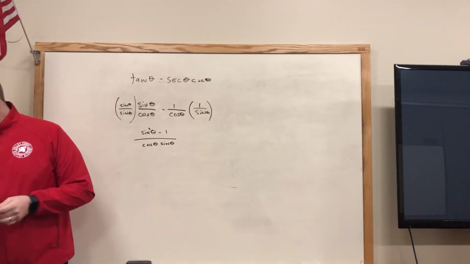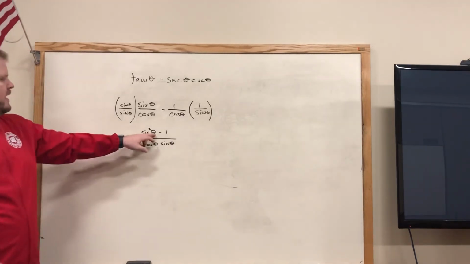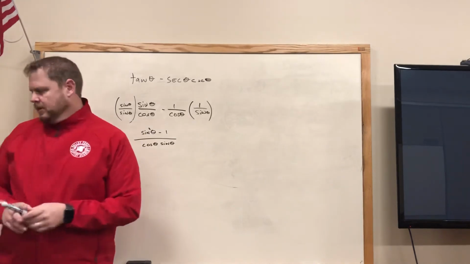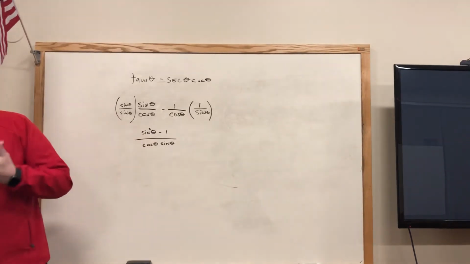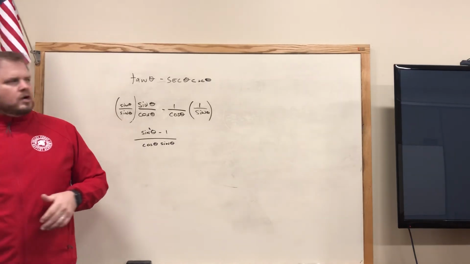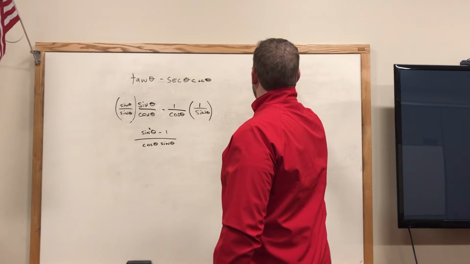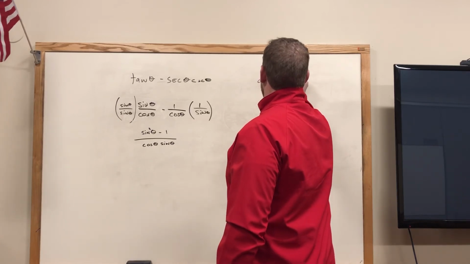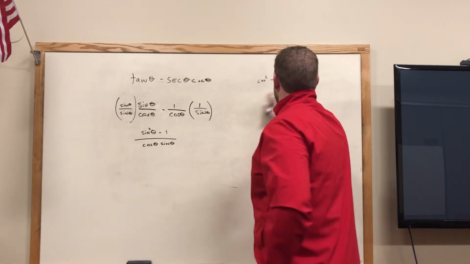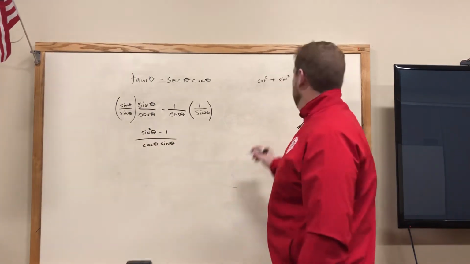Now, when you see that, what do you think? What's another way to write sine squared theta minus 1? Let's think about this for a second. Cosine squared plus sine squared equals 1. Rearrange this: I want to plug in for sine squared.